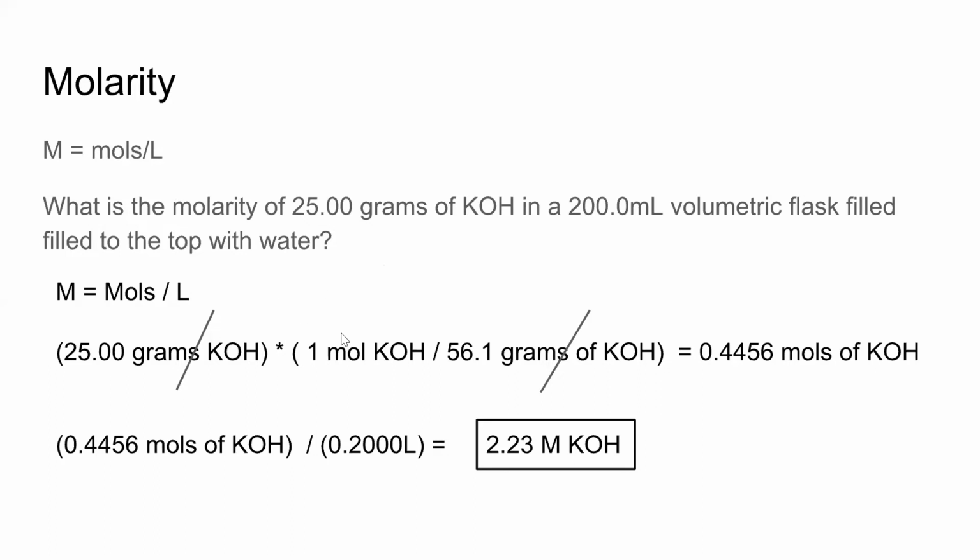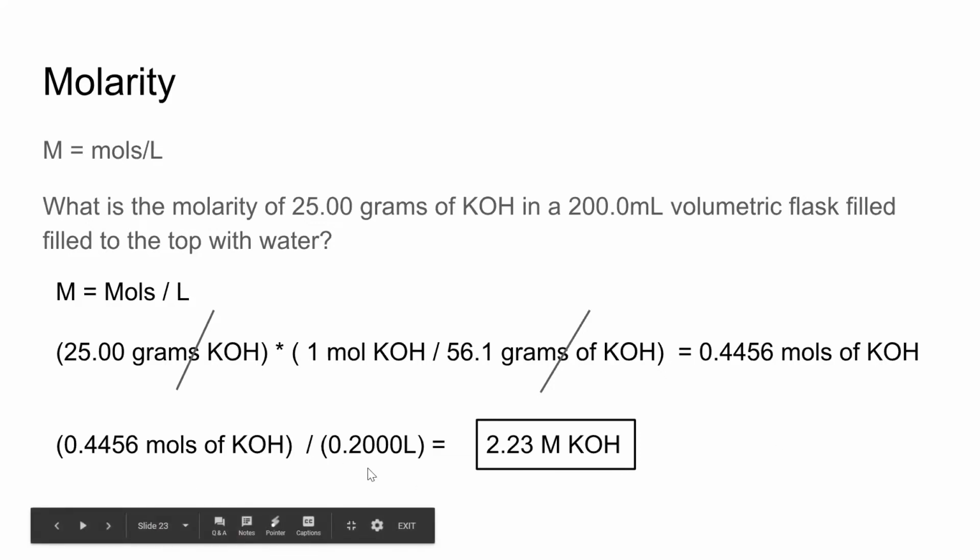So we converted grams to moles using the molar weight, and converted mL to liters by dividing by 1,000. Now you can plug these numbers into the equation and solve for your molarity, which is 2.23 molar.